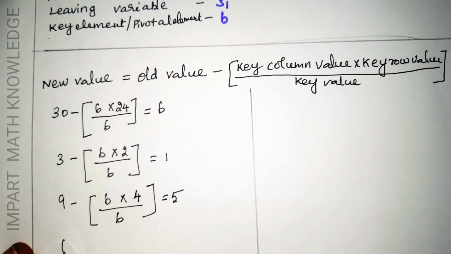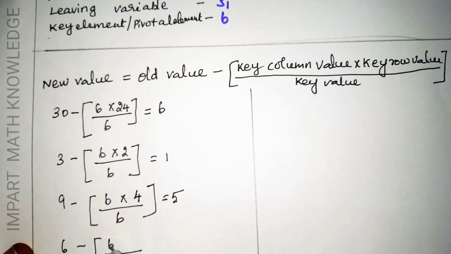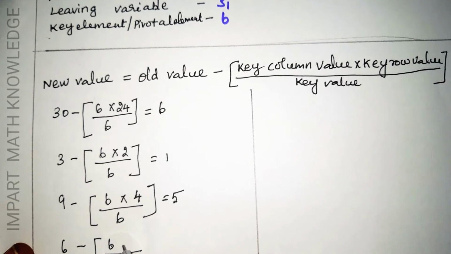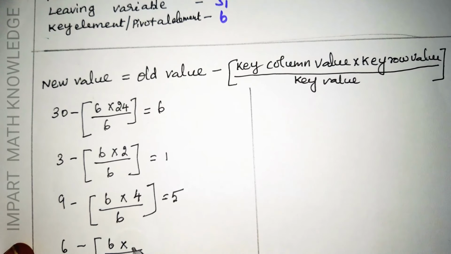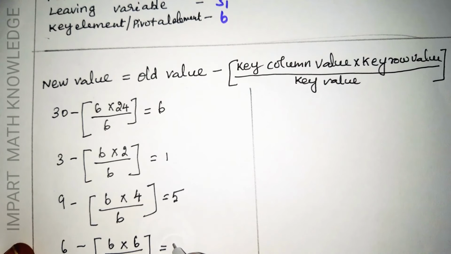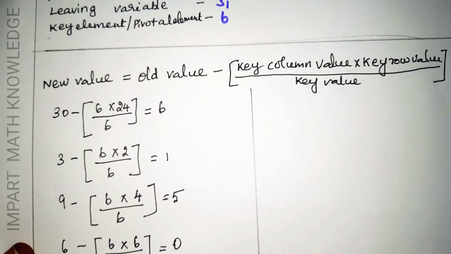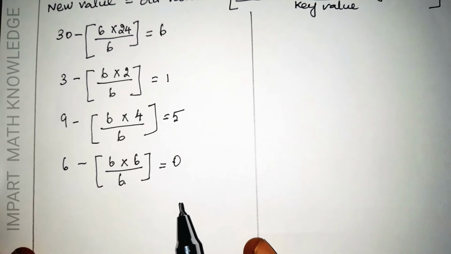The next one, 6 minus 6 by 6. Key column value is 6 and key value is 6. So the key row value is 6 again. So the value is 0. 6 minus 6 by 6 into 6. So the value is 0.